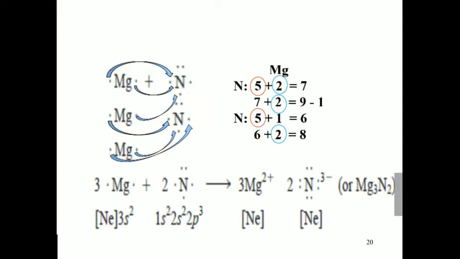So again, each of the 3 magnesium lost 2 electrons, obtaining a positive 2 charge, and 2 nitrogen gained 3 electrons each from the magnesium atoms, each obtaining a negative 3 charge, forming the ionic compound magnesium nitride.